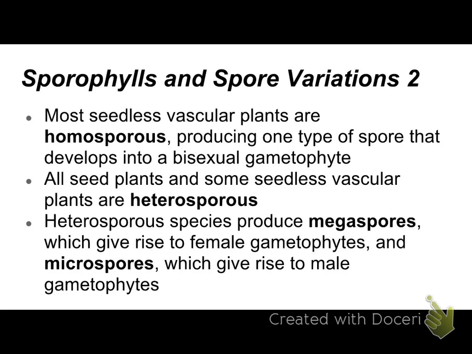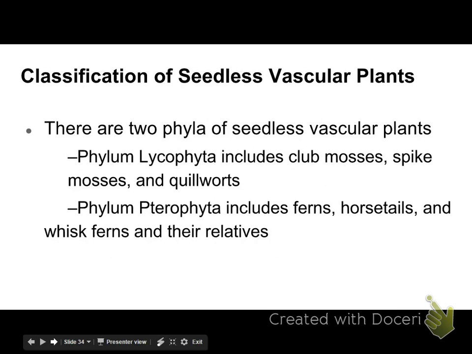Most seedless vascular plants are homosporous, producing one type of spore that develops into a bisexual gametophyte. All seed plants and some seedless vascular plants are heterosporous. Heterosporous species produce megaspores, which give rise to female gametophytes, and microspores, which give rise to male gametophytes. So it's like a cycle.